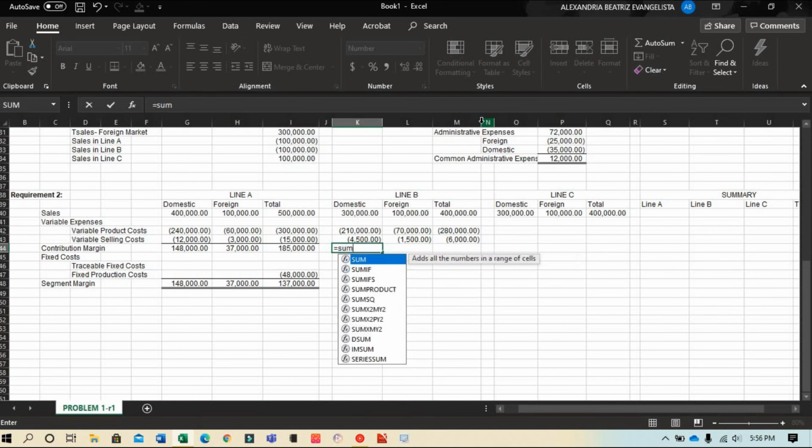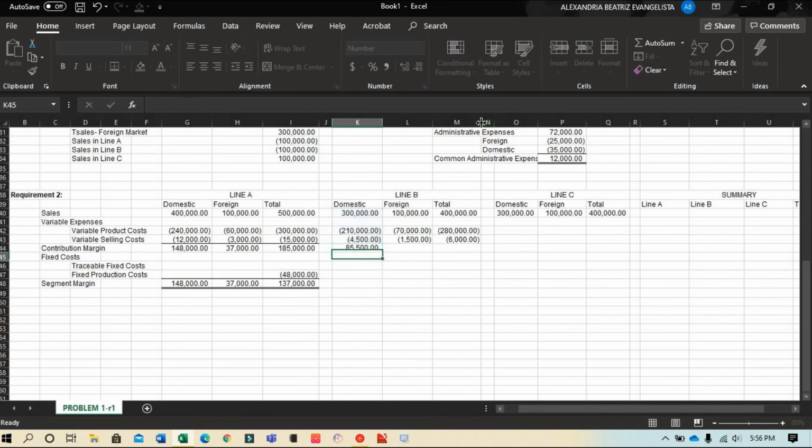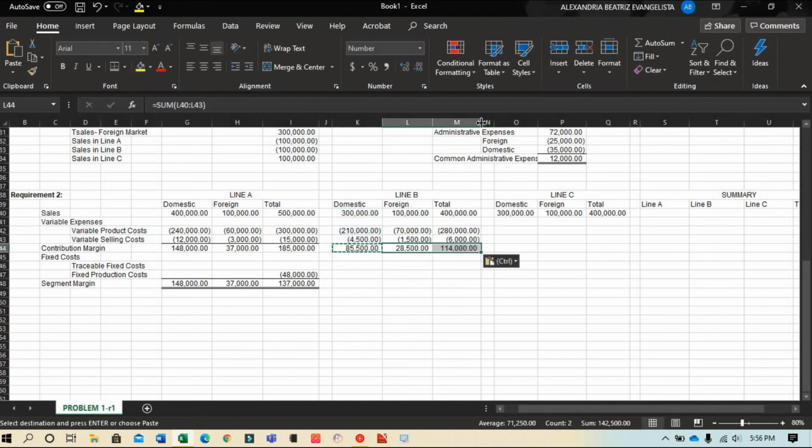And for the contribution margin, under the domestic it is 85,500. For foreign market it is 28,500, and the total contribution margin under line B is 114,000.